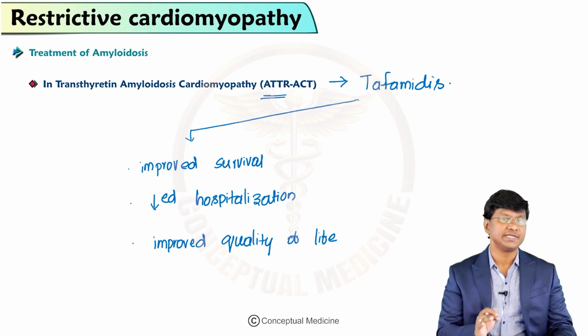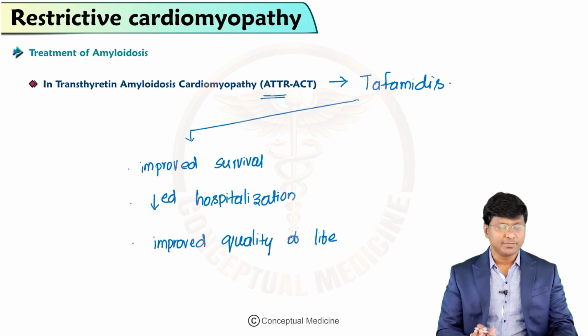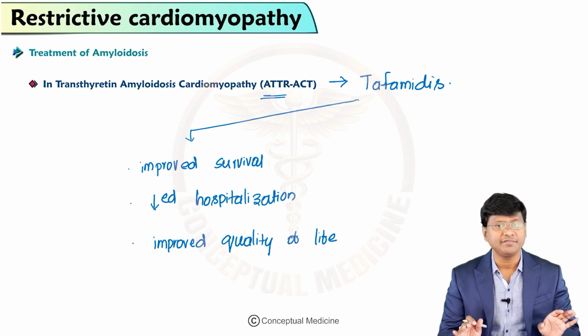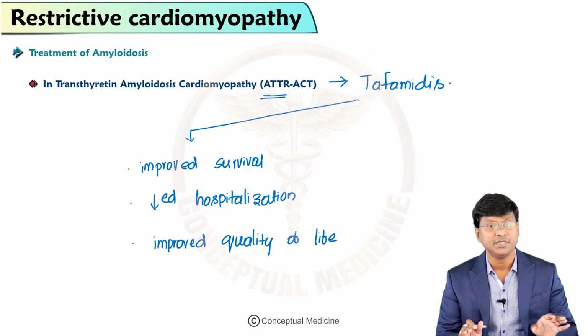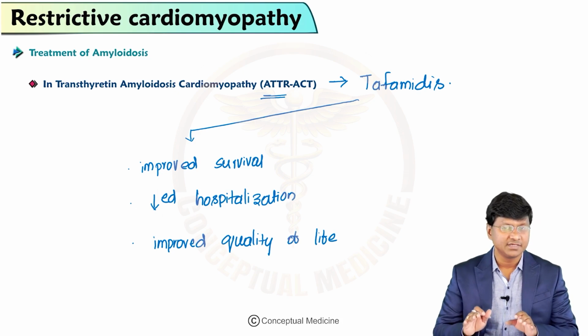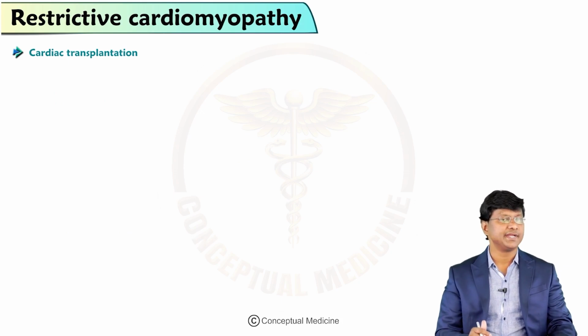So tafamidis is the treatment for transthyretin amyloidosis cardiomyopathy. Then, in the treatment of amyloidosis, you have given the chemotherapy or you have done your autologous stem cell transplantation, but still if the disease is persisting, the last available option is the cardiac transplantation.